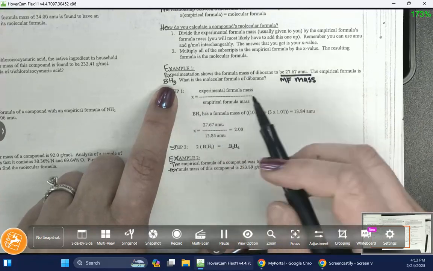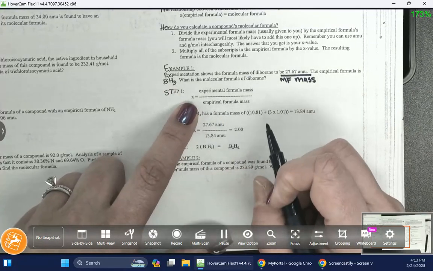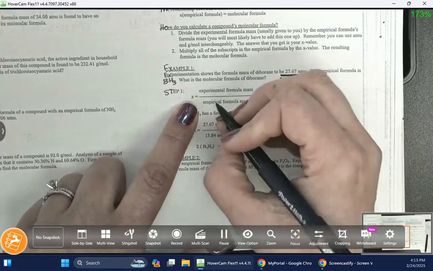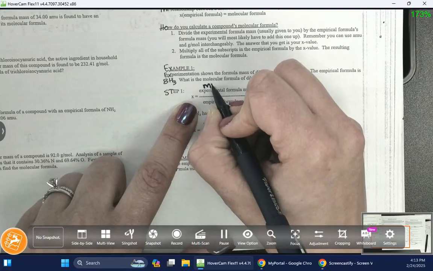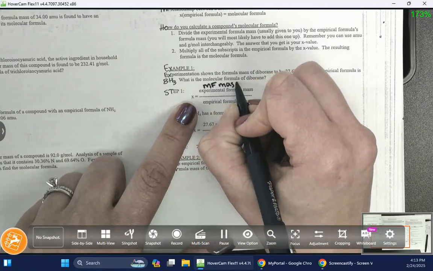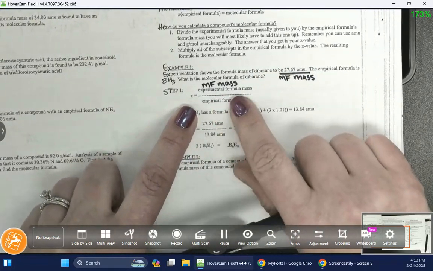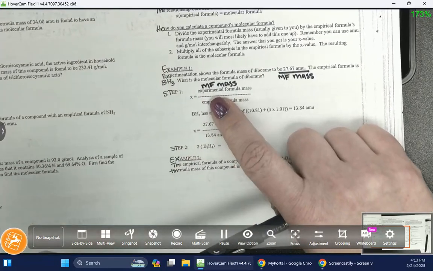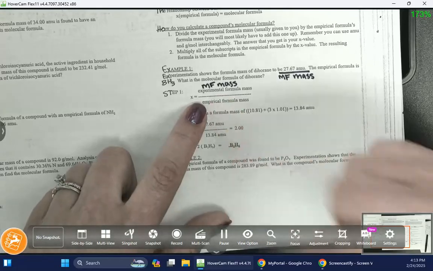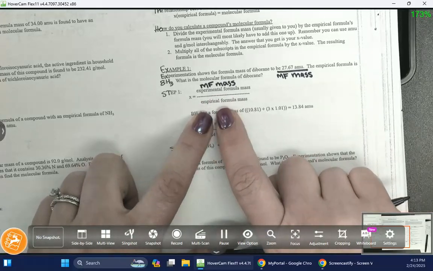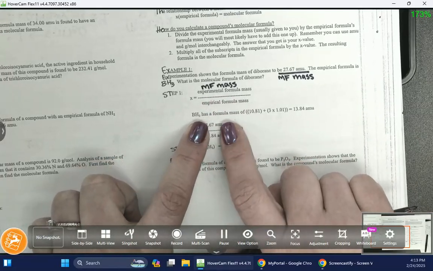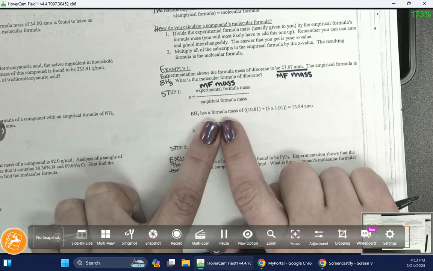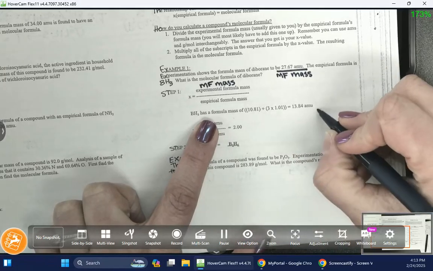What we're going to put here is our molecular formula mass, which is also known as the experimental formula. I just like it to be 2 different letters, that way you're not getting it confused on your page. Over empirical formula mass. BH3 has an empirical formula mass of this. So that's what this number is.